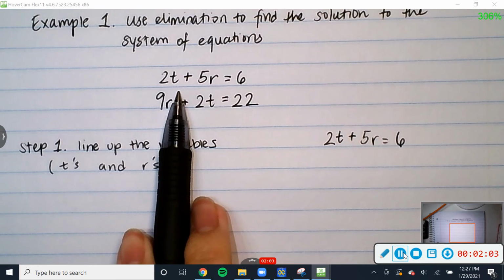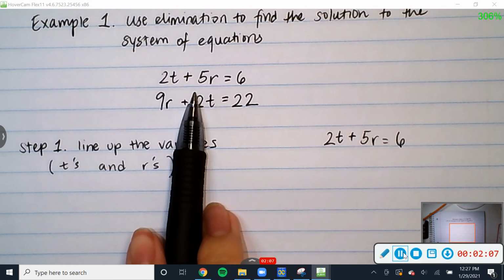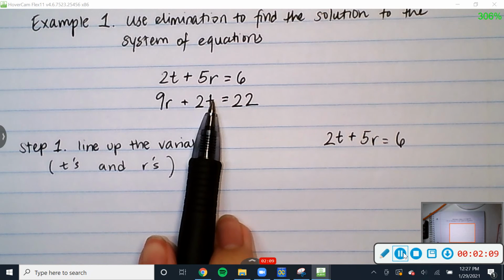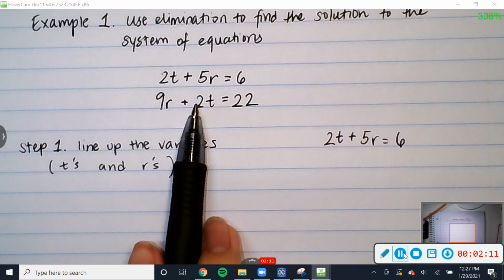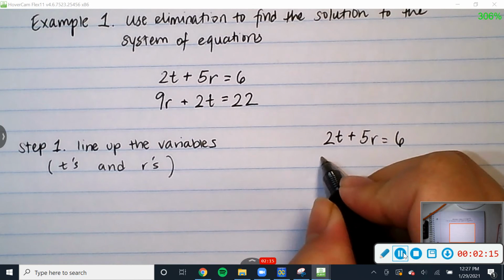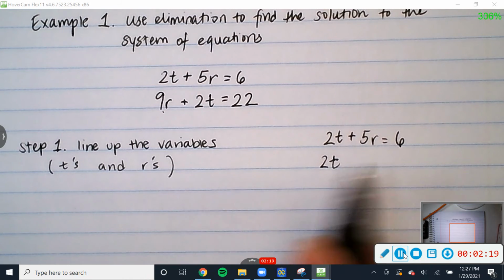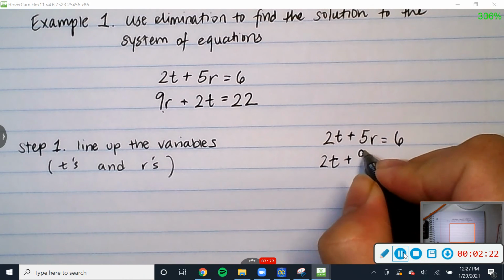But the second one, because we want t to be lined up with t and r to be lined up with r, I'm going to rearrange the second equation so that they're lined up. So I'm going to move this 2t to the front here. So 2t is going to go first, and then 9r is going to go afterwards. So plus 9r.